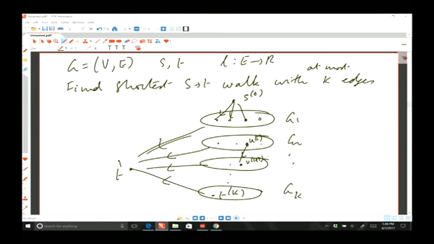You can be ultra formal and prove by induction on i that a path from S0 to a vertex Vi corresponds to a walk in G from S to V using exactly i edges. That's the right inductive hypothesis. In the exam, you don't need to write proofs unless we ask you to. We didn't even force you to write a very formal proof in homework for this, but it's good to know.